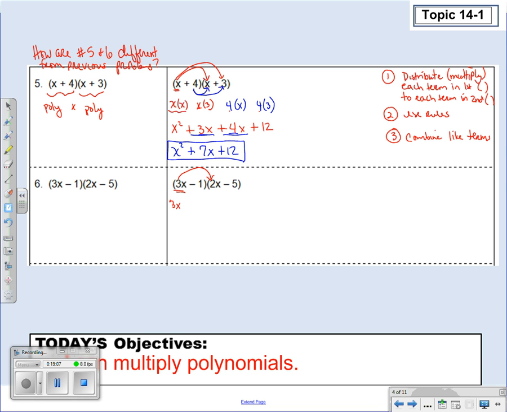So we get a 3x times a 2x, and then 3x times a negative 5. Remember to take the sign with the number. Now we take our second number that's in parentheses, and this time notice it is a negative 1. So we're going to do a negative 1 times 2x, and then a negative 1 times a negative 5.